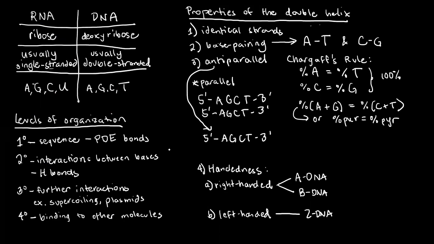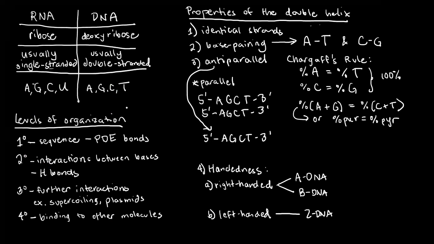But for now, as far as the structure and the composition are concerned, we could first, one, compare their sugars. And this is the easiest because that's what makes their first letter different. The R in RNA stands for ribose. That's why we call this ribonucleic acid. And for DNA, of course, D here stands for deoxyribose. So DNA stands for deoxyribonucleic acid.